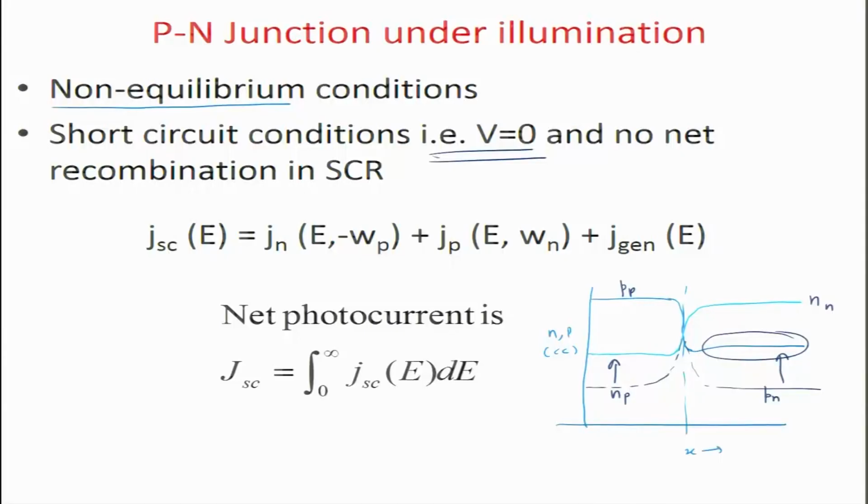Similarly, you have a large electron current from one side to another. So you have flow of carriers, because for electrons to go from this side to that side, they still have to face a barrier, because there is no bias.